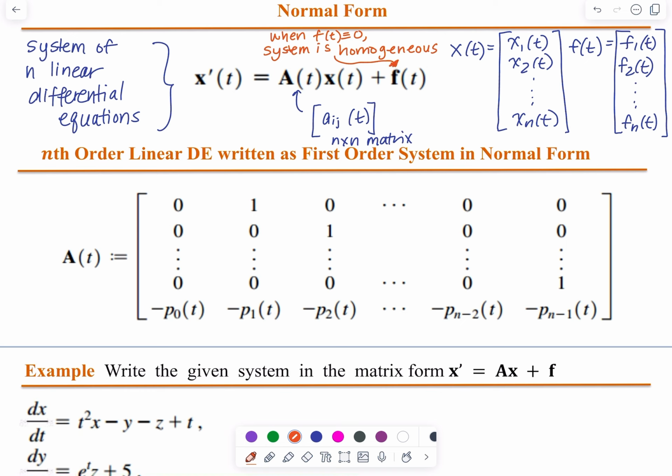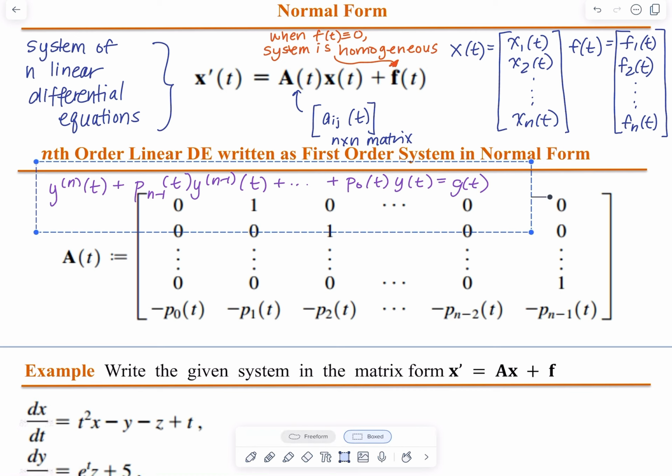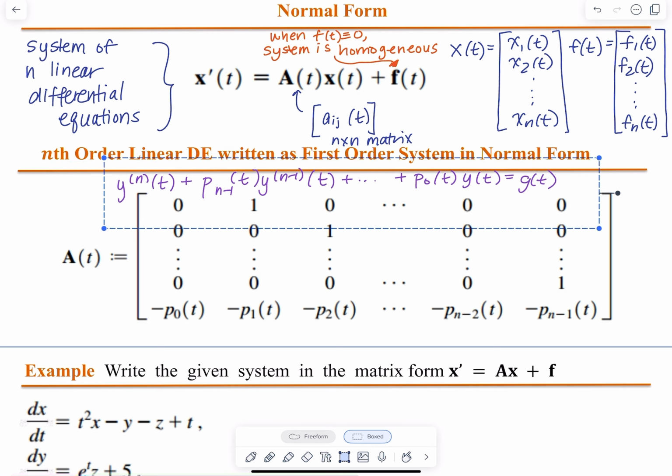You want to recall that an nth order linear differential equation is written like this, and we had our n minus 1 p functions of t, p to the n minus 1.